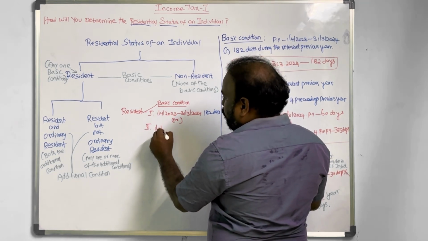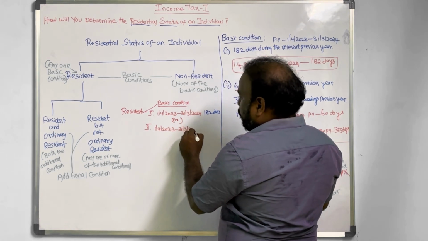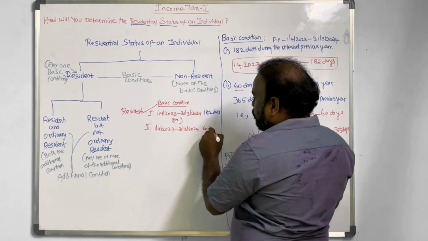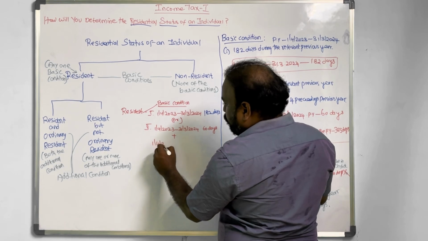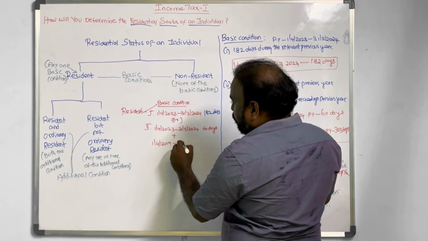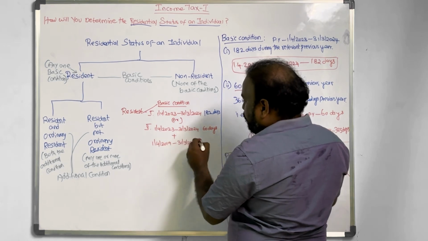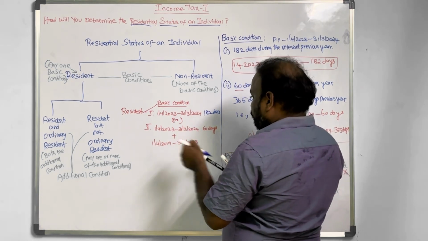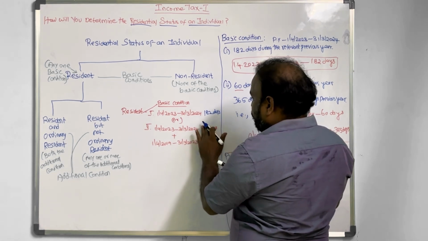Here, 1/4/2023 to 31/3/2024, he should be in India for 60 days, plus 1/4/2019 to 31/3/2023, for the 4 preceding years he should be in India for 365 days.